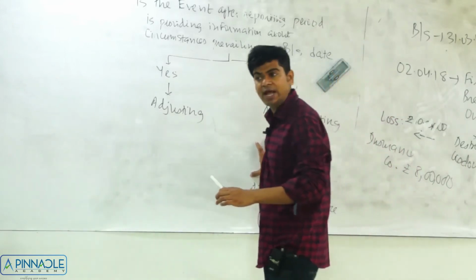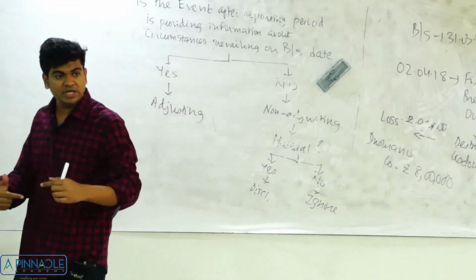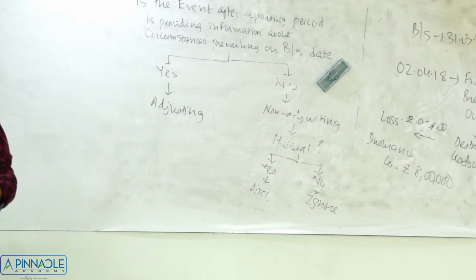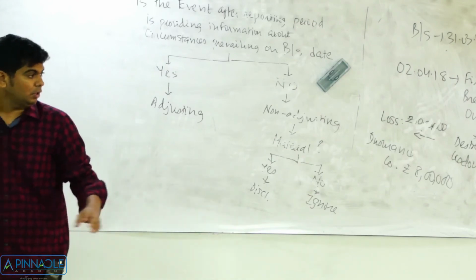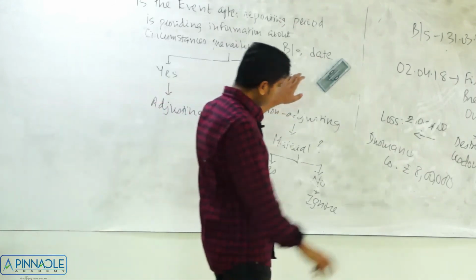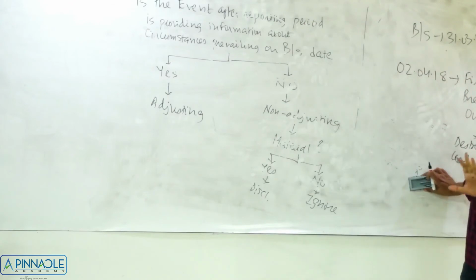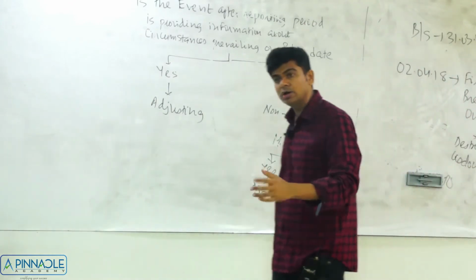Now this event has become adjusting, and you will have to prepare your financial statements on a liquidation basis. That's the exception. So when you are talking about fire, the loss should be something that you can bear. It should not be a major loss such that you will no longer do the business.